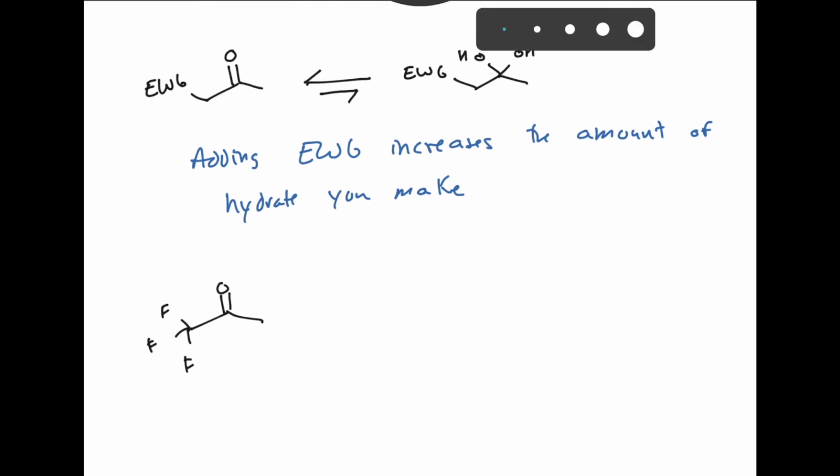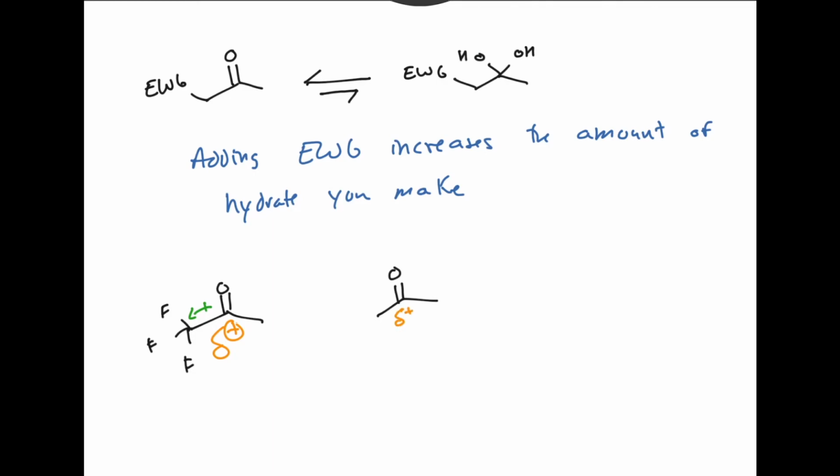Well, these fluorines are going to pull electrons towards themselves, and they're going to cause this carbonyl carbon to be really partially positive, right? The fluorines pull electrons towards themselves, which makes the carbon more positive. Versus if you just had acetone, you'd have a little positive charge, but not nearly as positive as you have with those electron withdrawing groups.